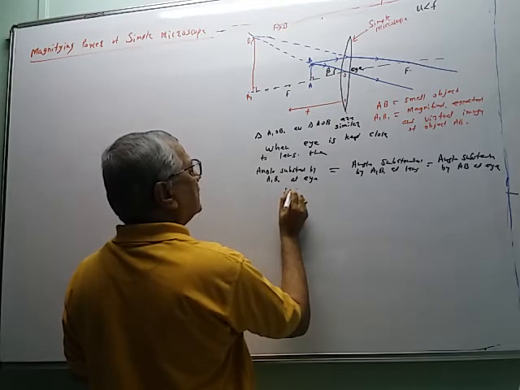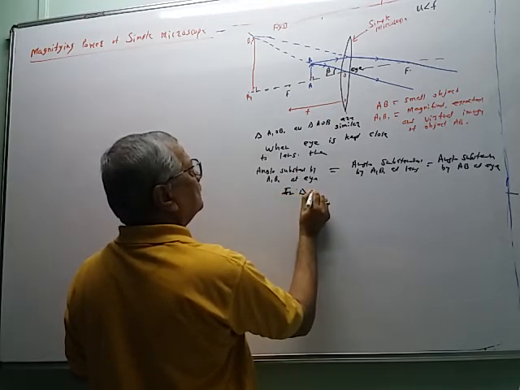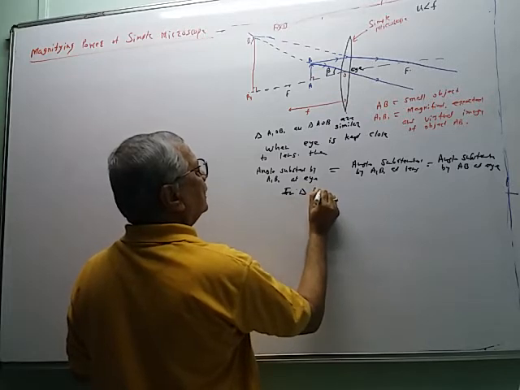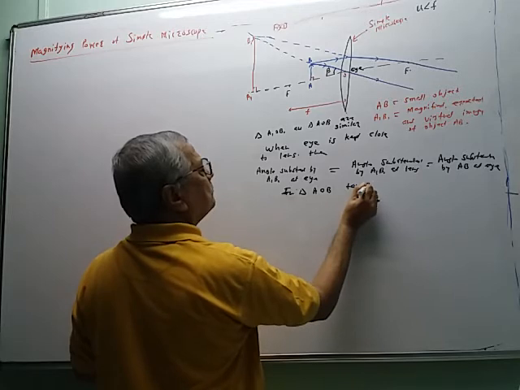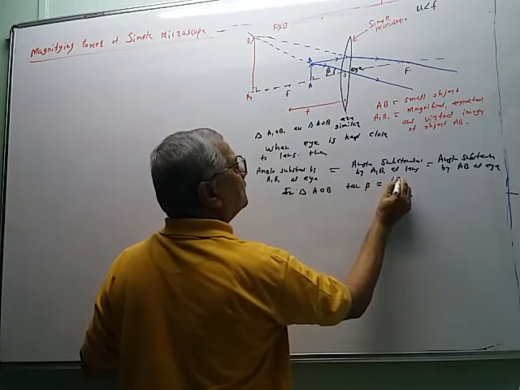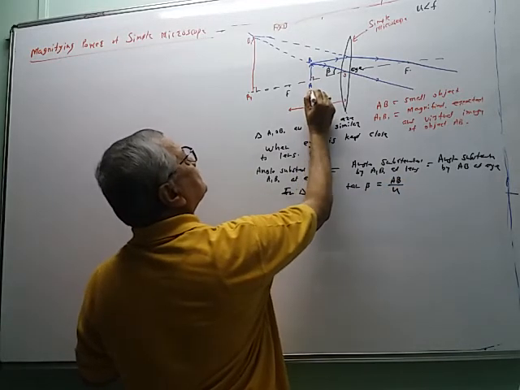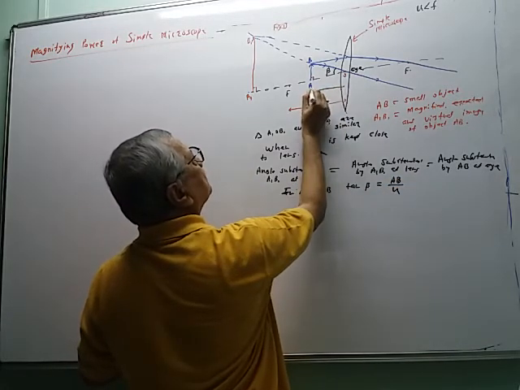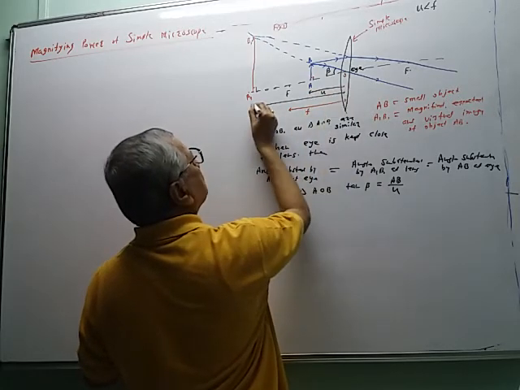So this angle beta, first we will get tan beta in triangle AOB. Tan of beta, it is nothing but the visual angle, is equal to AB upon U. This distance is the object distance, and this distance is the image distance.